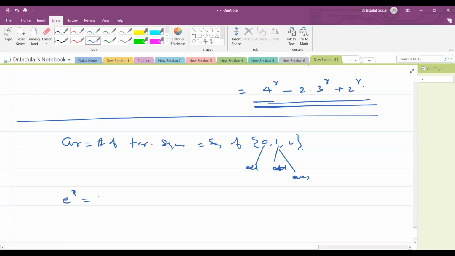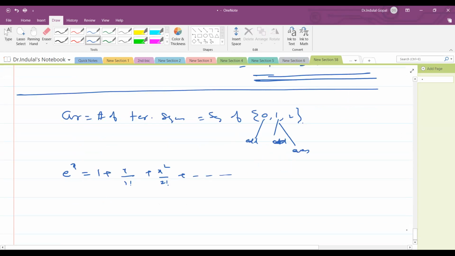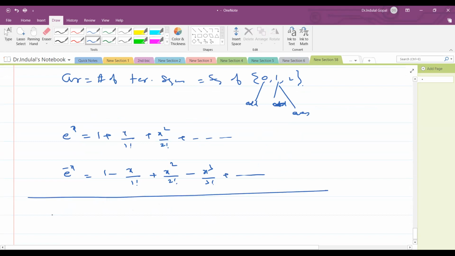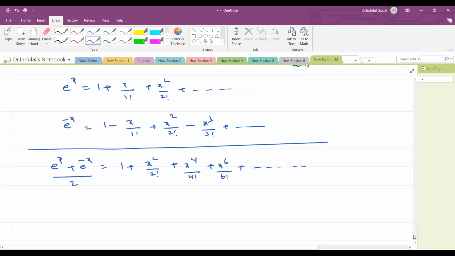We have e raised to x is equal to 1 plus x by 1 factorial plus x squared by 2 factorial plus etc. e raised to minus x is equal to 1 minus x by 1 factorial plus x squared by 2 factorial minus x cubed by 3 factorial plus etc. If I add them, e raised to x plus e raised to minus x is equal to 2 plus 2 times x squared by 2 factorial plus 2 times x raised to 4 by 4 factorial plus etc. So this divided by 2 is 1 plus x squared by 2 factorial plus x raised to 4 by 4 factorial plus x raised to 6 by 6 factorial plus etc. We use this in doing problems.